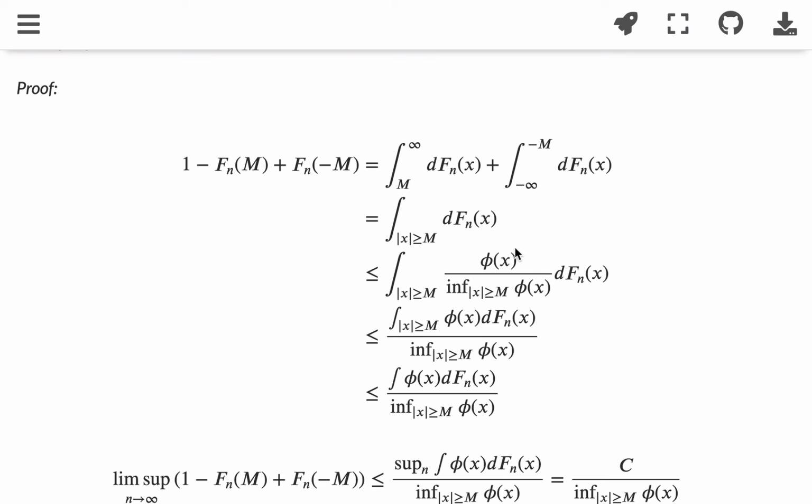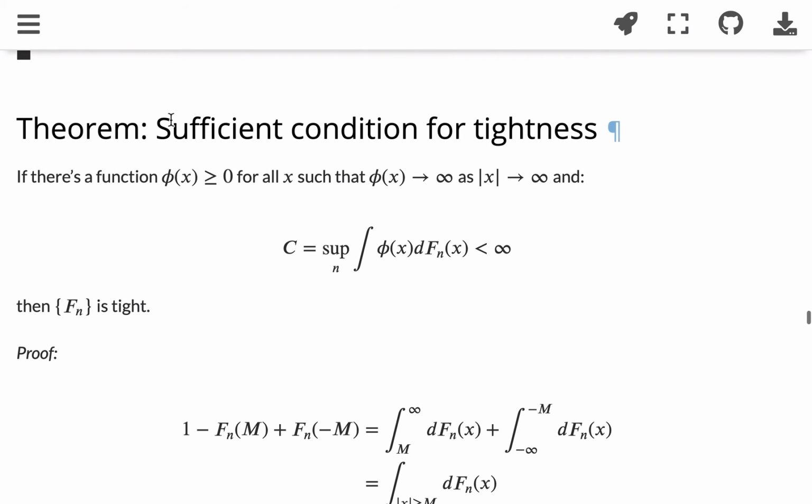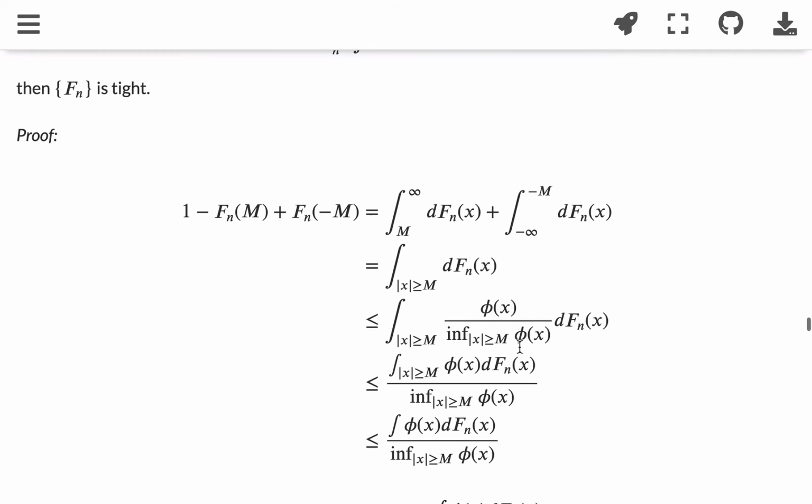But if we divide phi x, so absolute value, we are integrating on x greater than or equal to m. So if we divide phi x, which is a positive function, right? We found a positive function here, and divided by the infimum of phi x on absolute value of x greater than or equal to m.